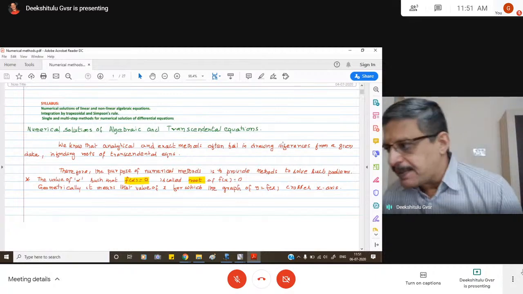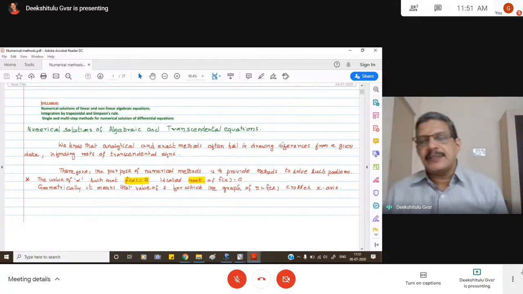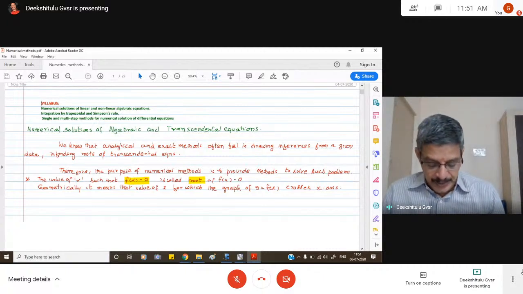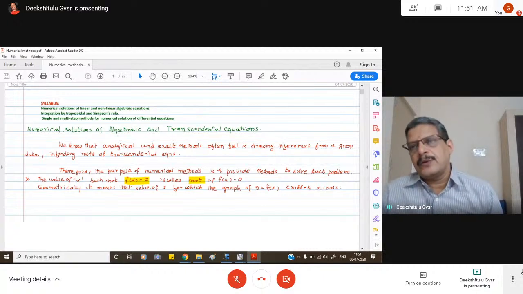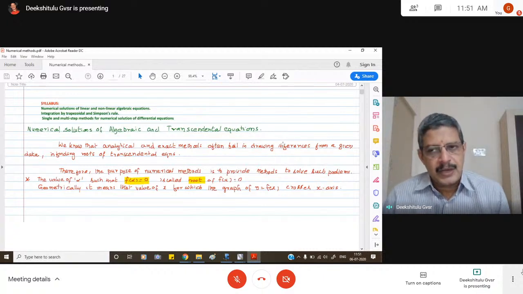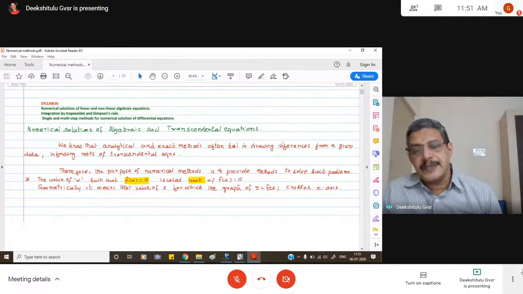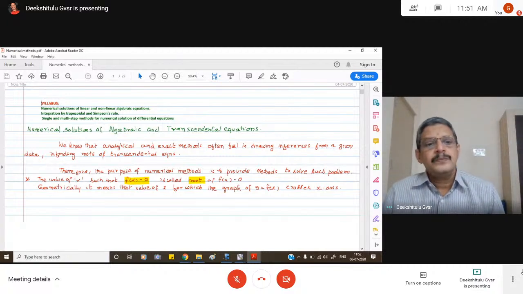If I simply give you a second degree polynomial ax square plus bx plus c, you can get the roots easily: minus b plus or minus square root of b square minus 4ac by 2a. And if I give a cubic polynomial and you know one of the roots, let us say x is equal to alpha, then by synthetic division you can get the roots. They are all called analytical methods and exact methods.